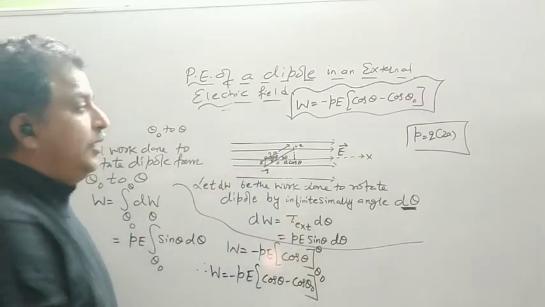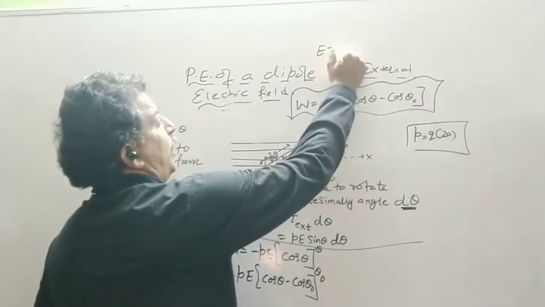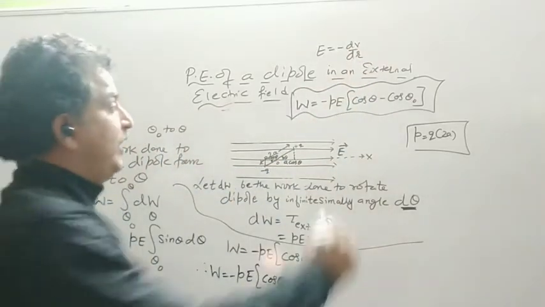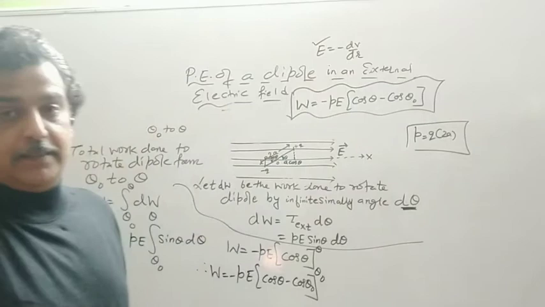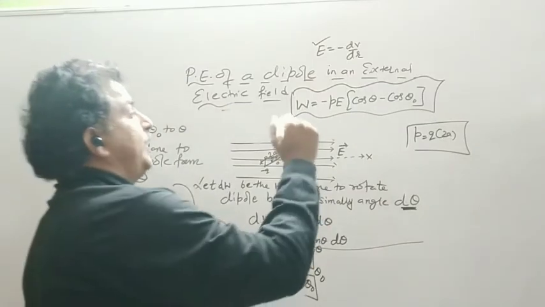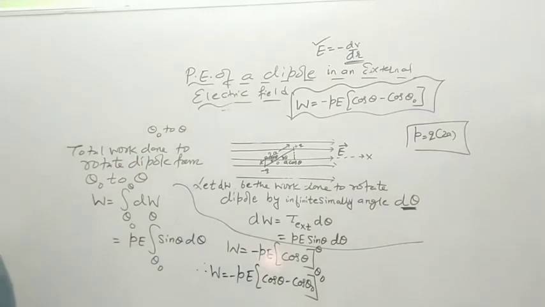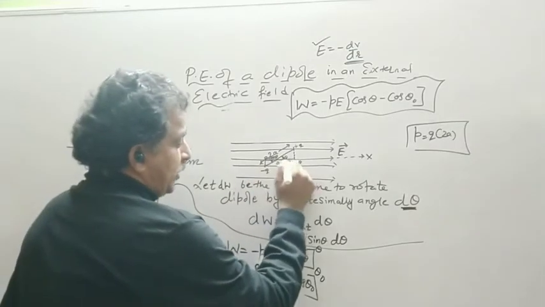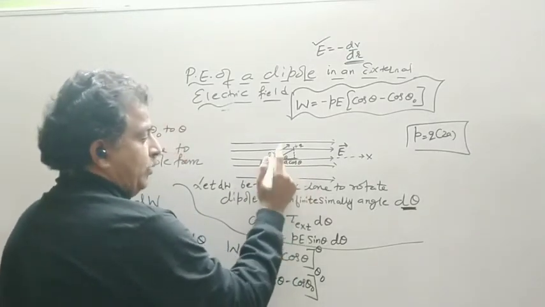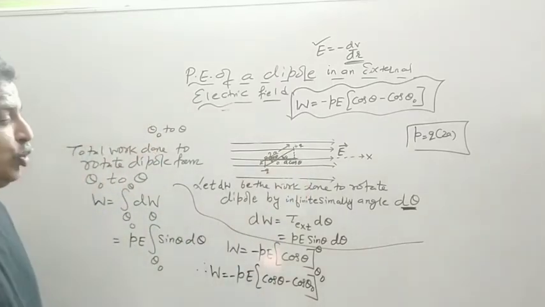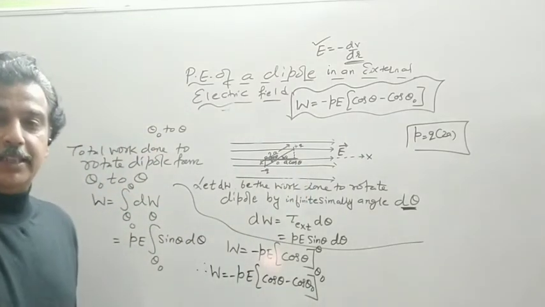Now we know that when I apply this formula, E is equal to minus dV by dr. If the electric field is along the x-axis, I have to take this perpendicular distance as the distance along the x-axis. So the total distance between the charges becomes 2A cos theta.